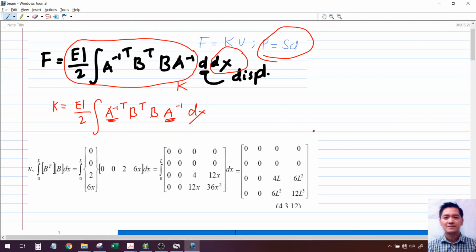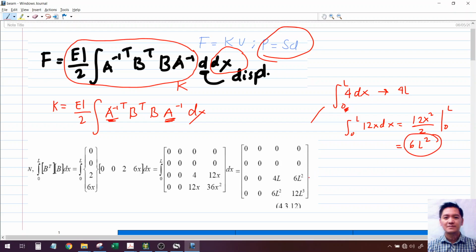So, integral of, halimbawa, integral of 4 dx, 0 to L. Definitely, that is 4L. Kasi 0 naman yung lower bound mo. Halimbawa, integral of 0 to L, 12x dx. Diba? This is 12x squared over 2. So, L and 0. So, that is 12 times L squared over 2, or 6 L squared. Okay? So, ito yun.